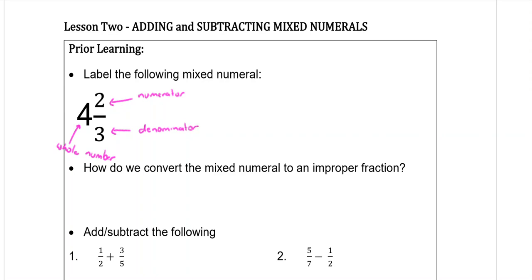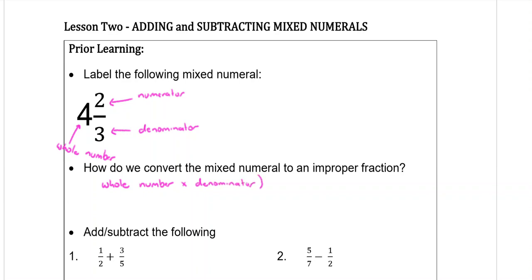So if you see mixed numerals in your questions, we need to be able to convert them into improper fractions. To do that, you multiply the whole number by the denominator.